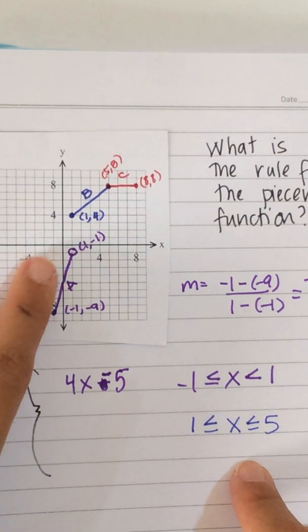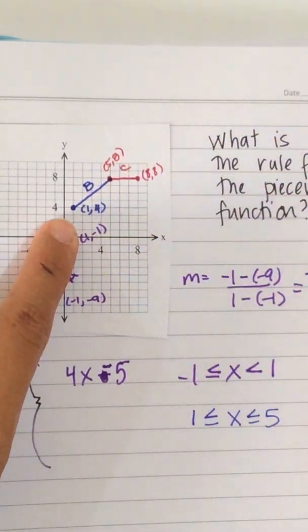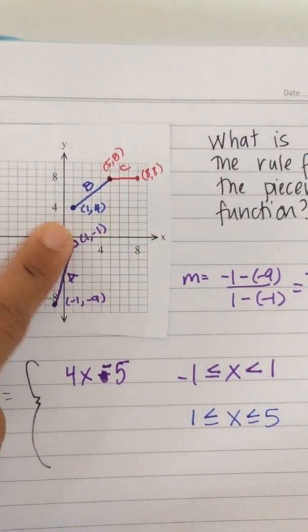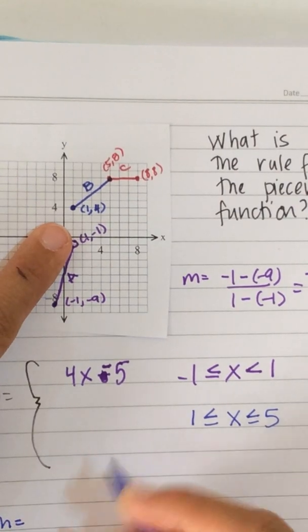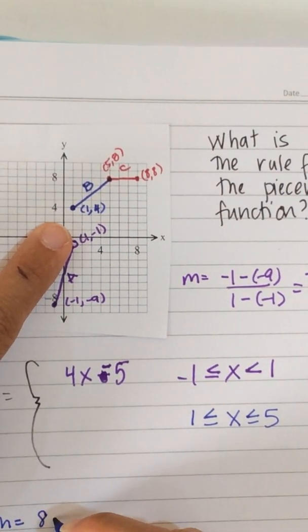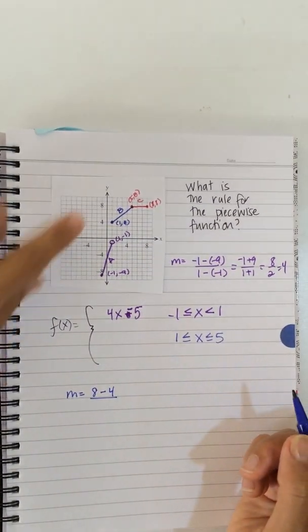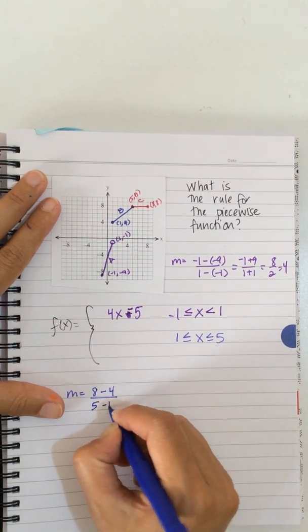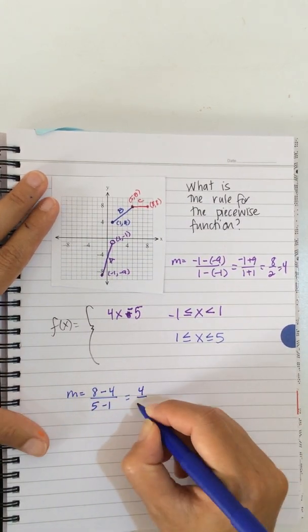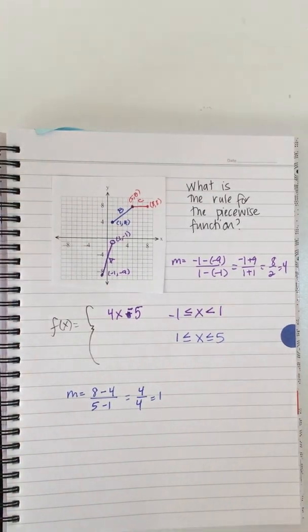Okay? So it's also a line. What's the slope of this line? I'm gonna do it in blue down here. Slope is 8 minus 4, y2 minus y1, over, let me zoom out so you can see what I'm doing, over 5 minus 1, that's 4 over 4, which is 1. Nice easy slope of 1.